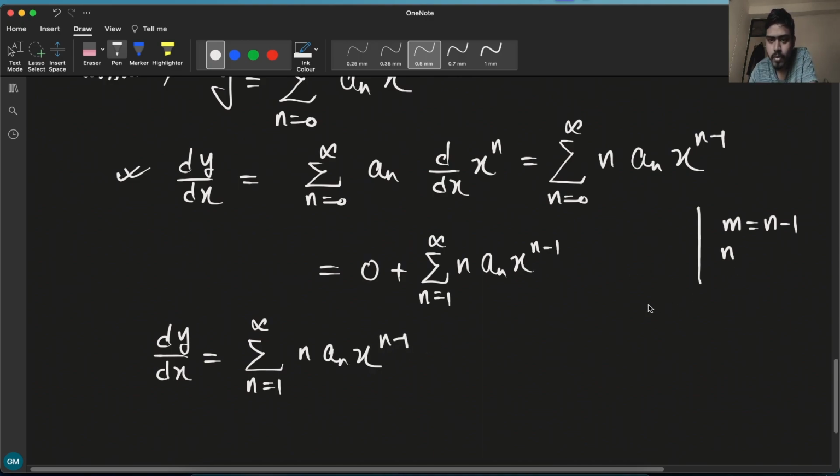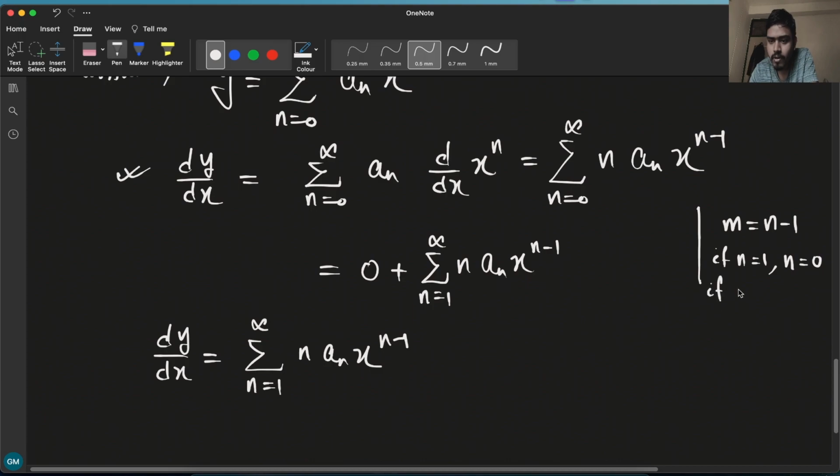Very simple. Now let's define a variable m equals n minus 1. Here n is starting from 1. So if n equals 1, what will m be? m will be 0.